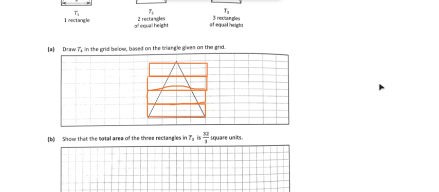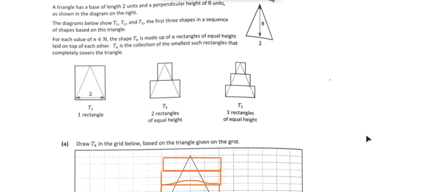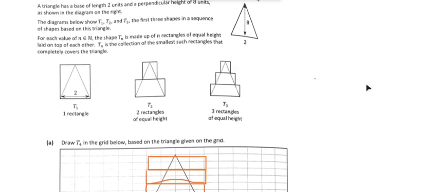Right, show that the total area of the 3 rectangles in T3 is 32/3 square units. So area of the 3 rectangles. So the length of each of those rectangles will be, well, we don't know all of them.